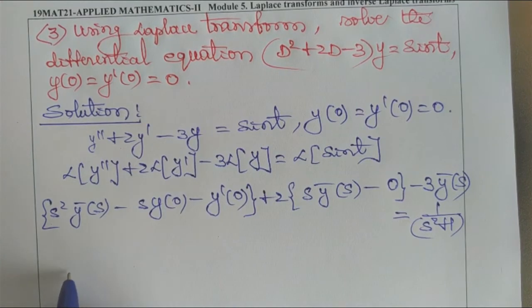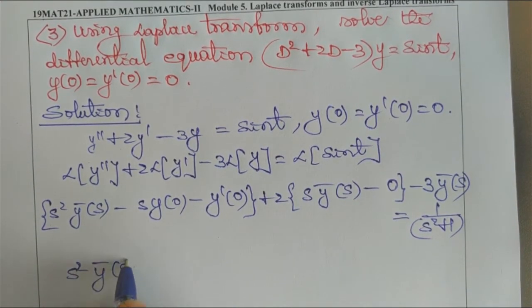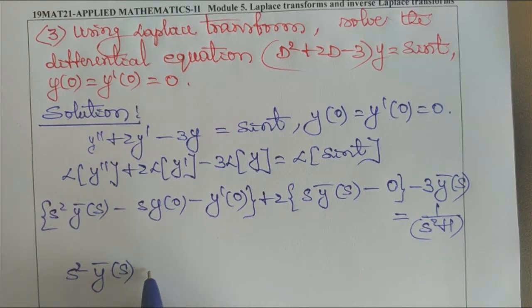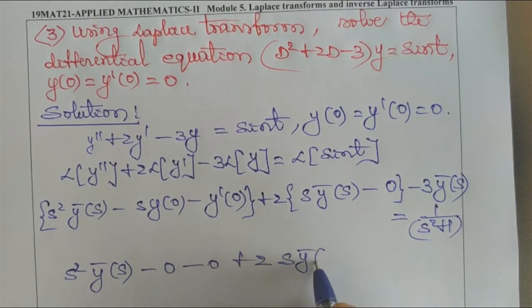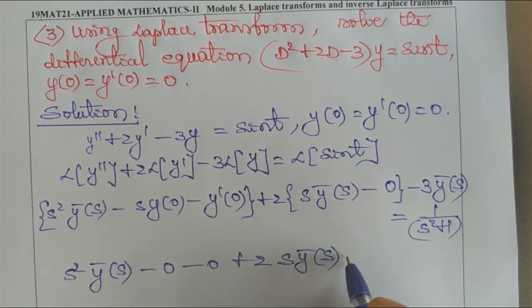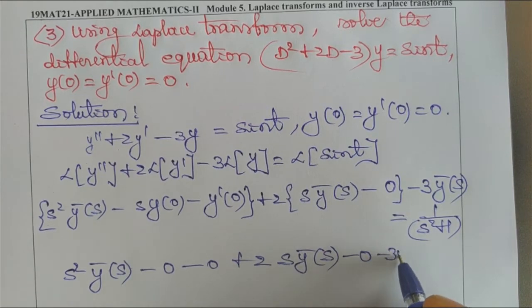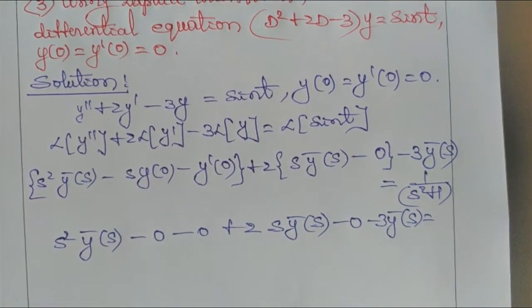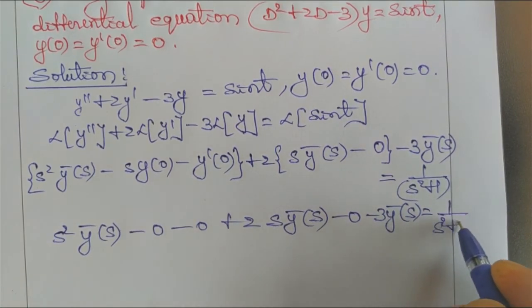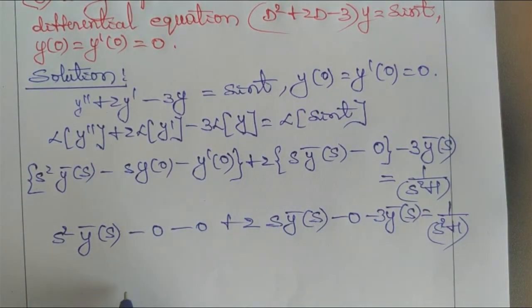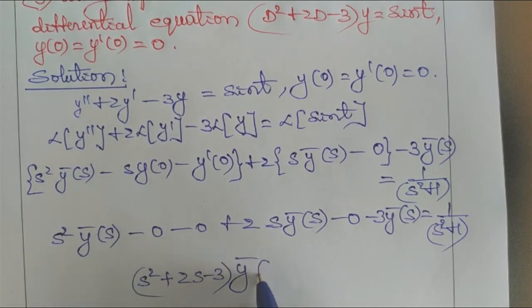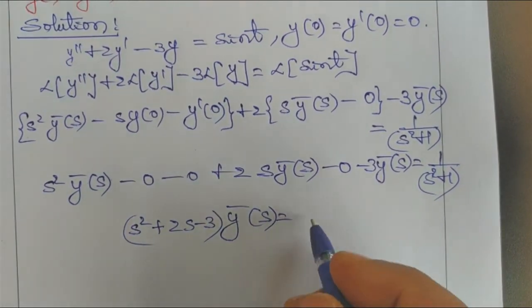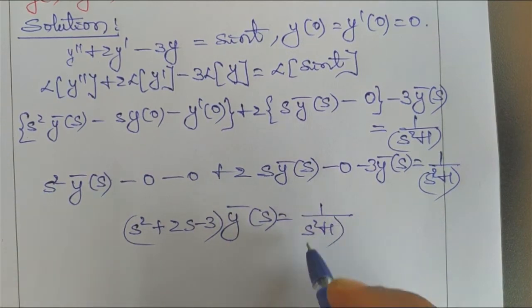Now what happens when we simplify this? s² ȳ(s), with y(0) and y'(0) being 0, plus 2s ȳ(s), minus 3 ȳ(s) is equal to 1 divided by s² + 1. So ȳ(s)(s² + 2s − 3) is equal to 1 divided by s² + 1.